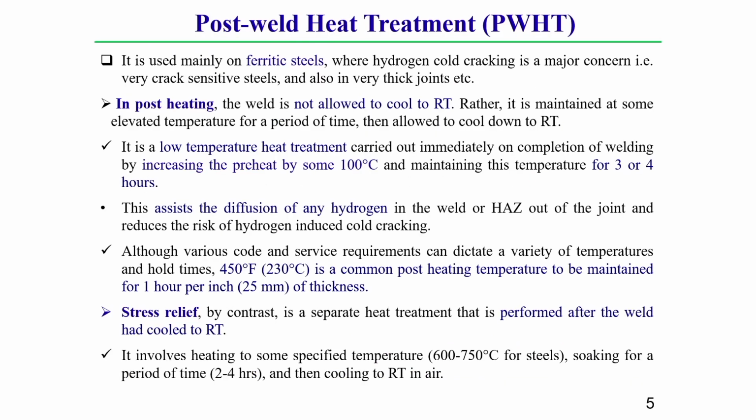Now, we will discuss the first of these two categories of post weld heat treatment. Generally, we use this post weld heat treatment in case of ferritic types of steel. What is ferritic steel?